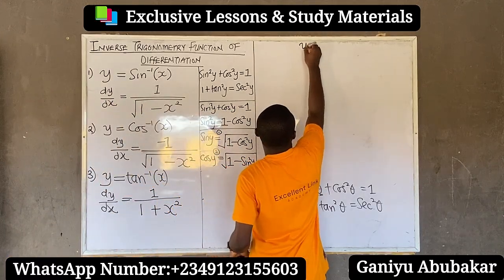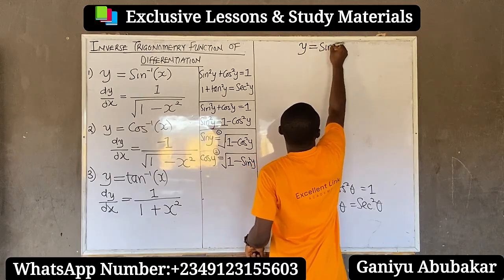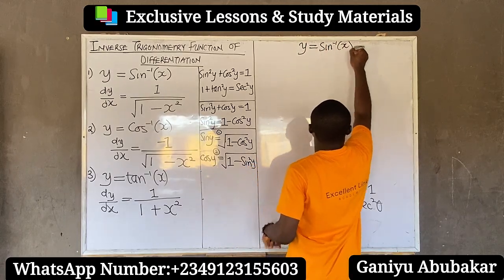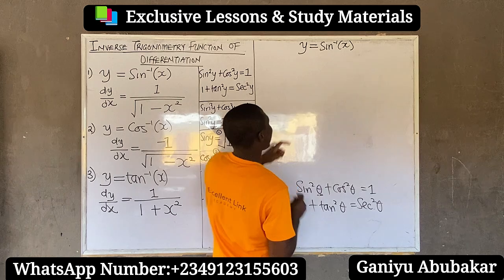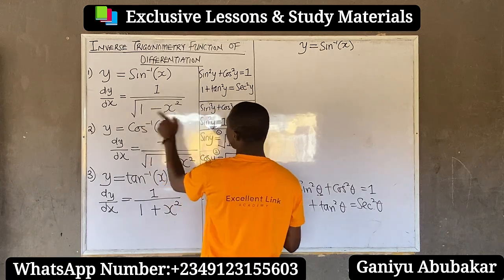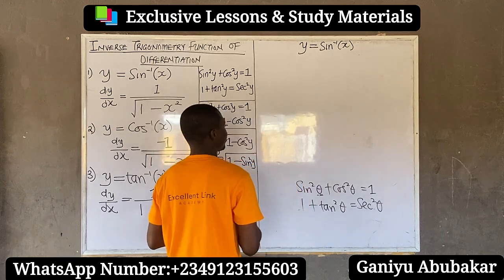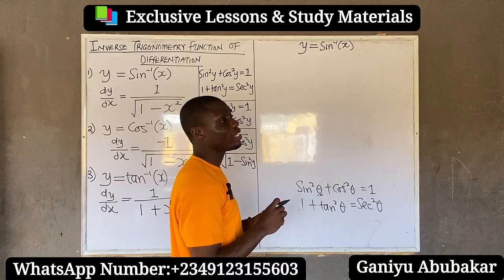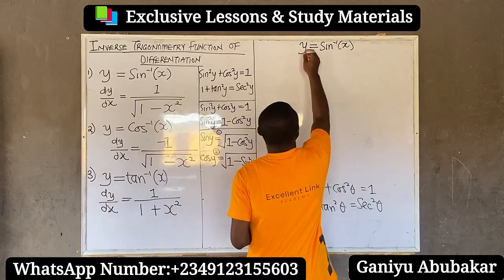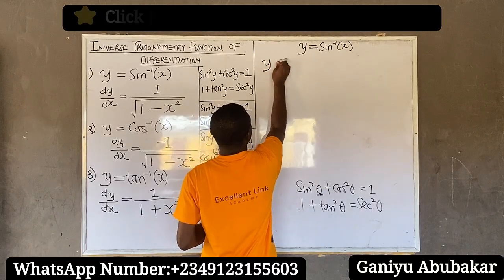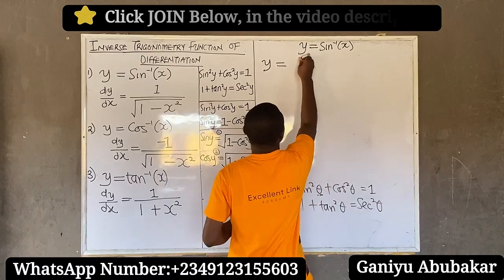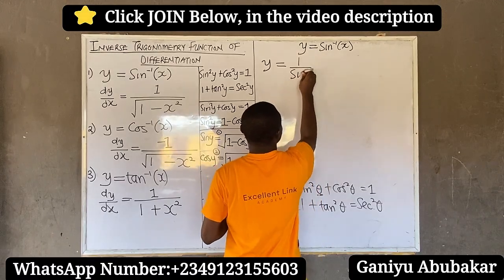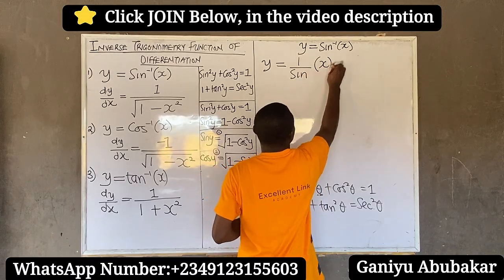Given that y is equal to sine inverse of x, we said that dy dx is 1 over root 1 minus x squared. Why is it so? I'm going to start here. This means y equals 1 over sine into x.